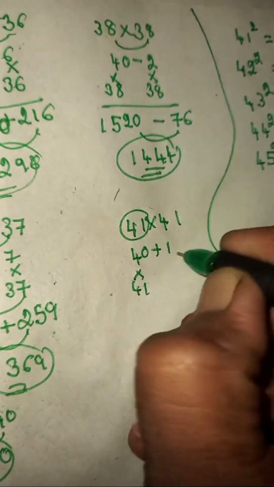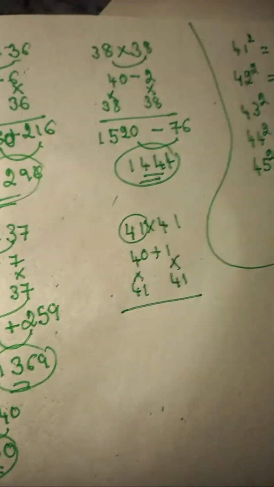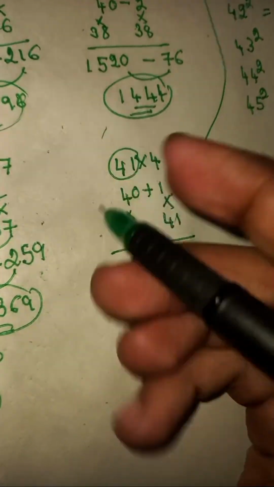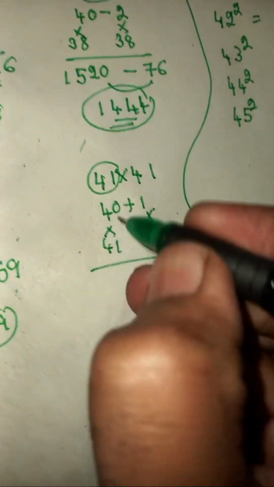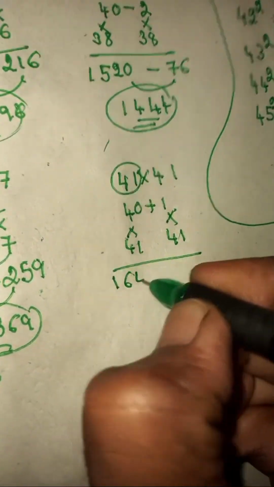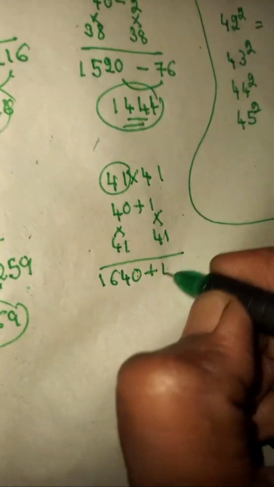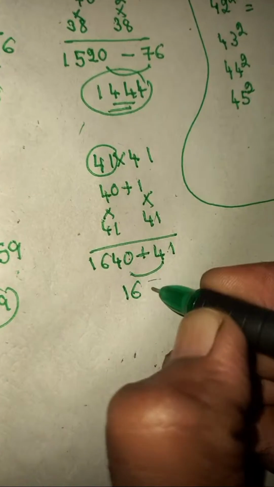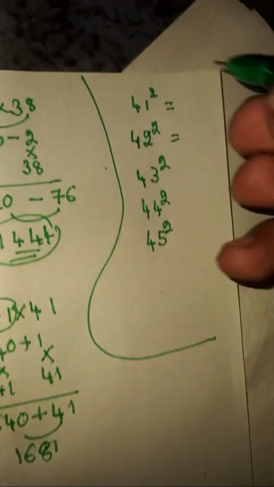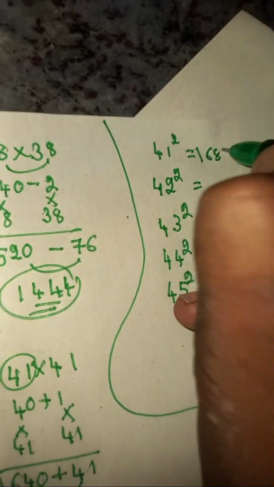Here also 41, and here also 41. 40 times 40 is 1600. 1 times 40 is 40, so 1640, plus 41, it's going to become 1681. So this is equal to 1681.